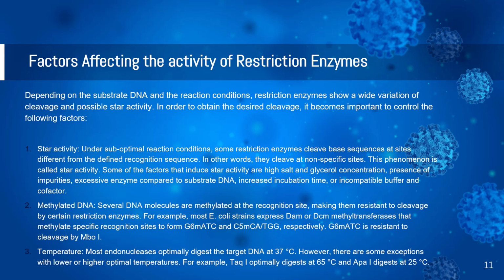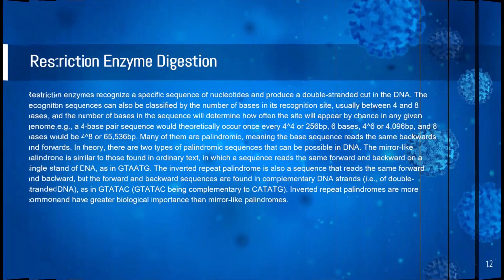Temperature. Most endonucleases optimally digest the target DNA at 37 degrees Celsius. However, there are some exceptions with lower and higher optimal temperatures. For example, TaqI optimally digests at 65 degrees Celsius and ApaI digests at 25 degrees Celsius.